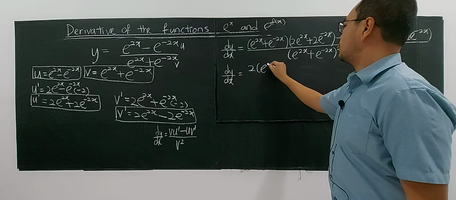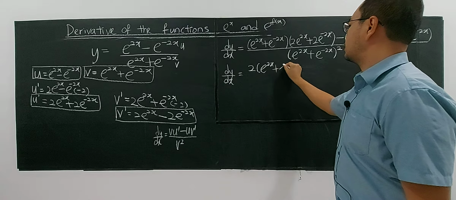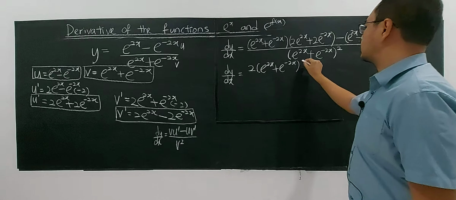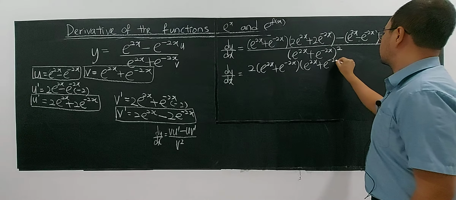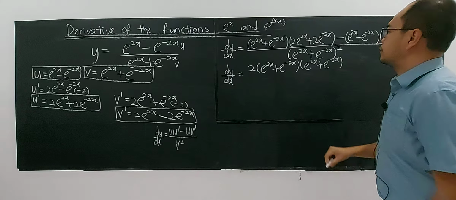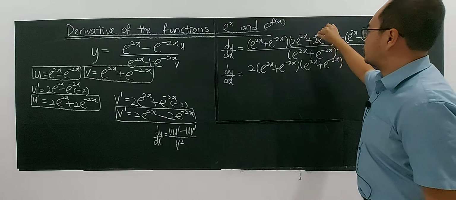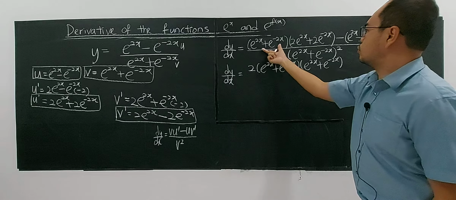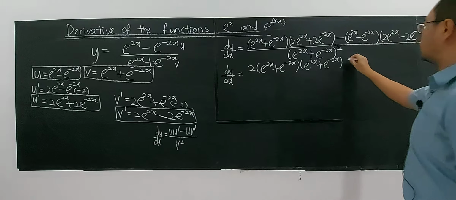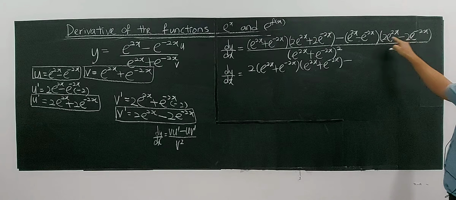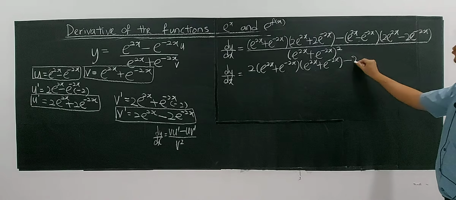So I have e to the 2x plus e to the power negative 2x, right, I have taken out the 2, factor out the 2. So now after I factor out the 2, this one becomes similar, right? So this one also, I factor out the 2.